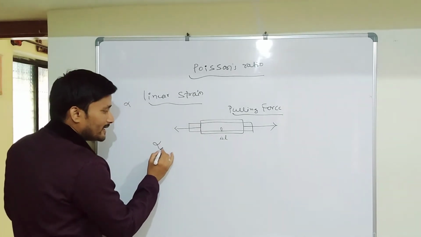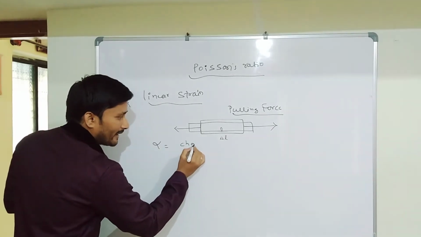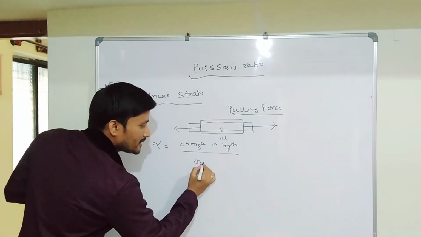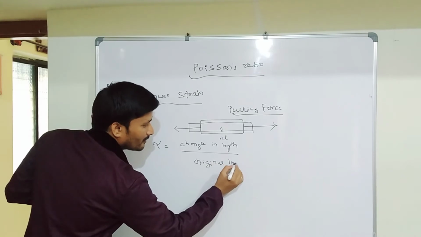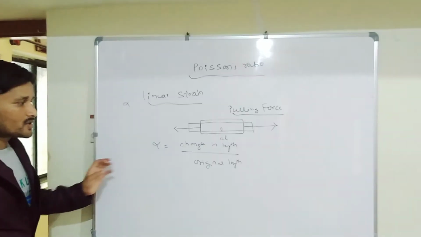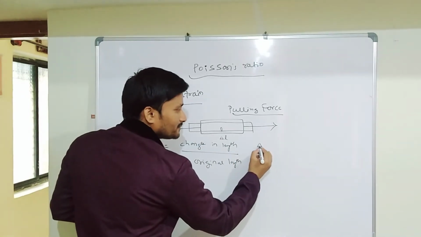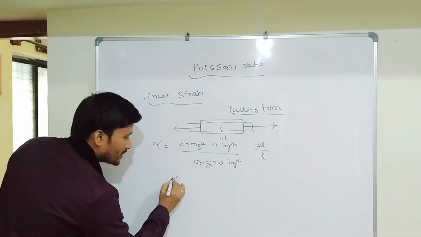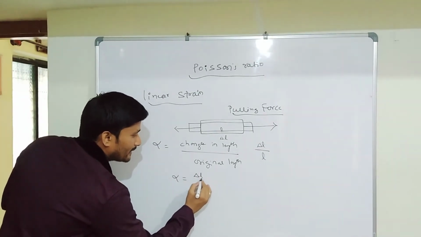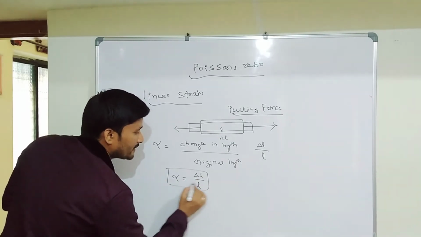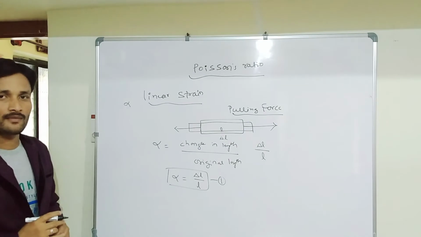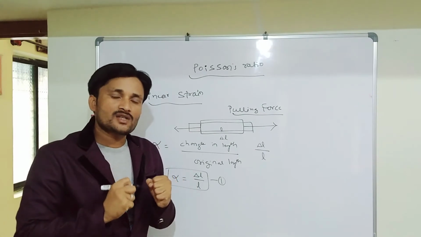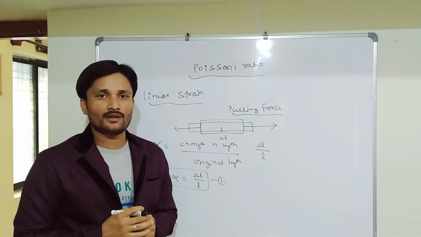So alpha is equal to change in length divided by original length. Clear? So change in length is delta L divided by original length L. So after substituting this, alpha is equal to delta L by L. This is equation number 1. Clear? Linear strain means whenever a body changes its length, that phenomenon is called linear strain. This is the first concept.